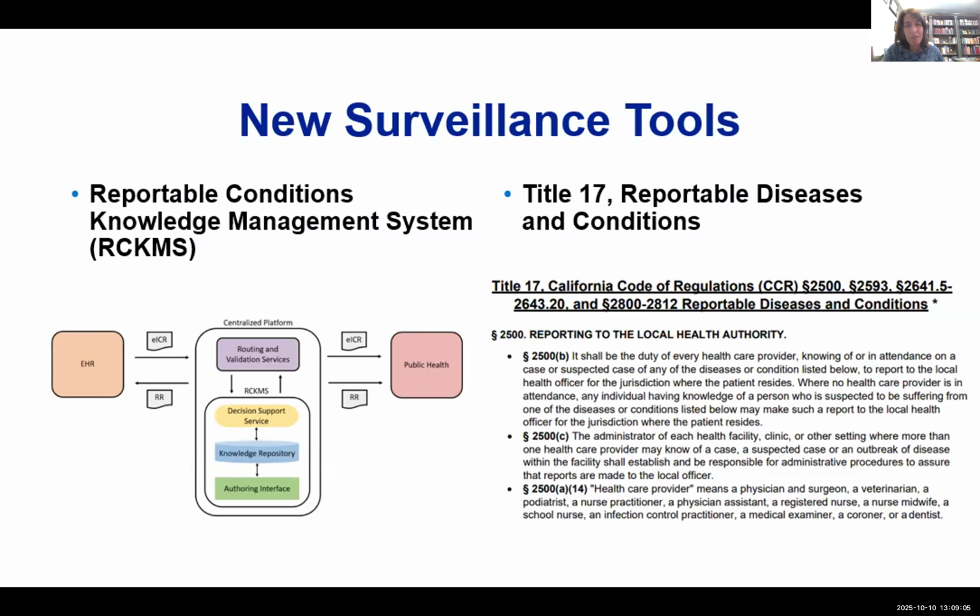So it's really taking advantage of electronic records and automated systems. Title 17 is the California Code section that includes reportable diseases and conditions. And as I mentioned, as of July, we've added silicosis, and we're expecting to hear about more cases because of that.